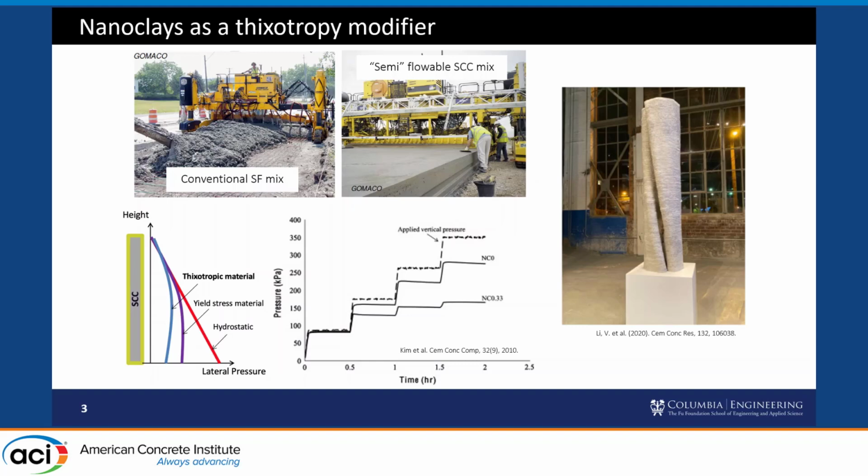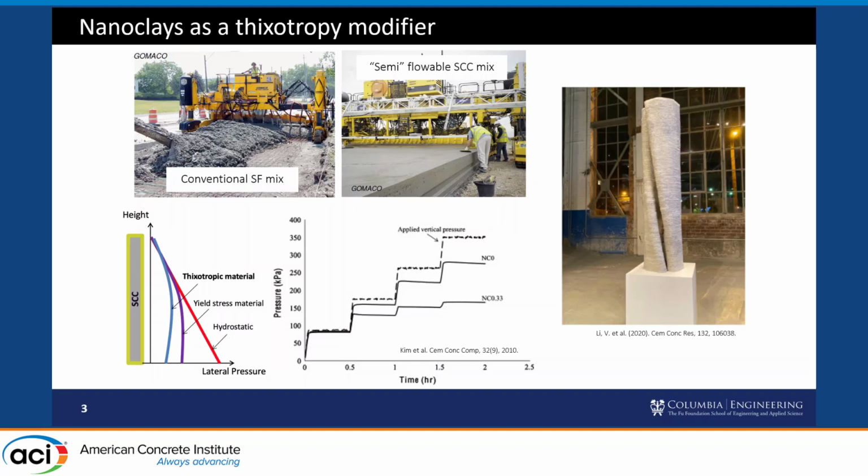But SCC is also a material that can exhibit thixotropy, structural buildup, so that profile is less than hydrostatic, and if you enhance the thixotropy, you can reduce that even further. Work by Jae-Hyun Kim and Shah showed that with a small amount of nanoclay, 0.3%, you can substantially reduce that lateral pressure buildup. And this was measured through a lab-scale formwork pressure device.